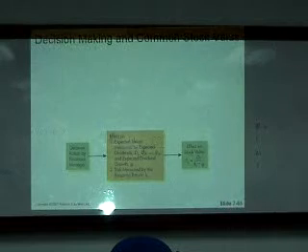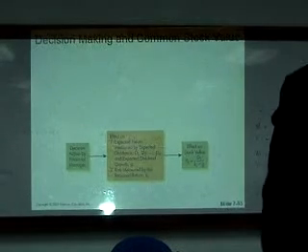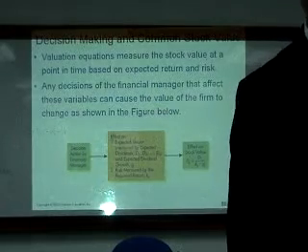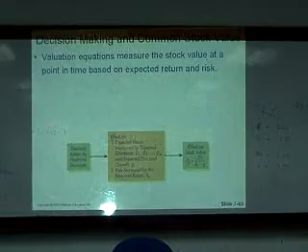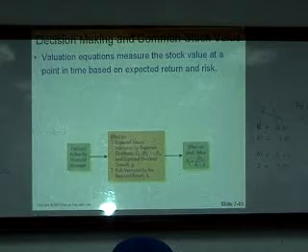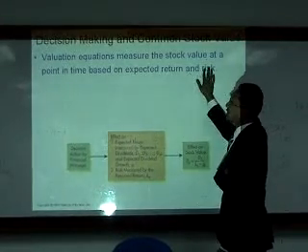Okay, the last topic for this chapter is decision making and common stock value. Now we look at the valuation equation, which measures the stock value at a point in time based on the expected return and risk.